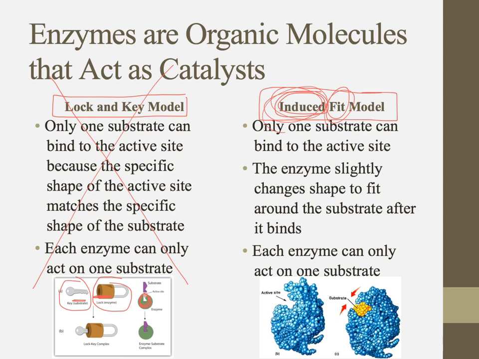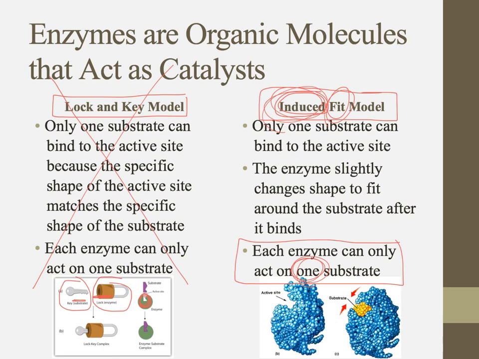It is important to know that each enzyme can only act on one substrate. Lactase can only work on lactose. Amylase can only work on starch. Each enzyme can only work on one thing.